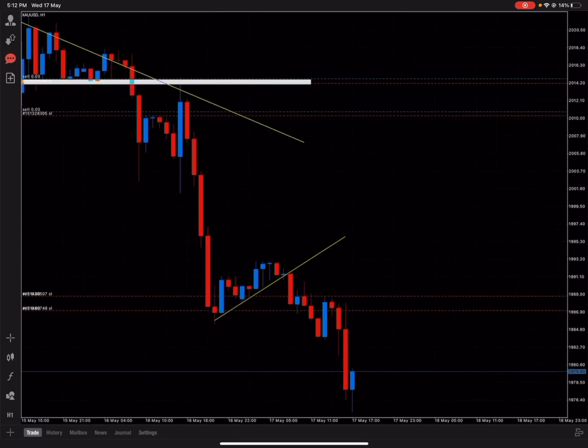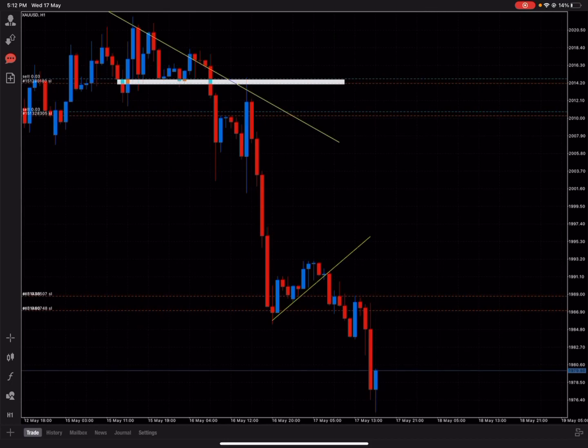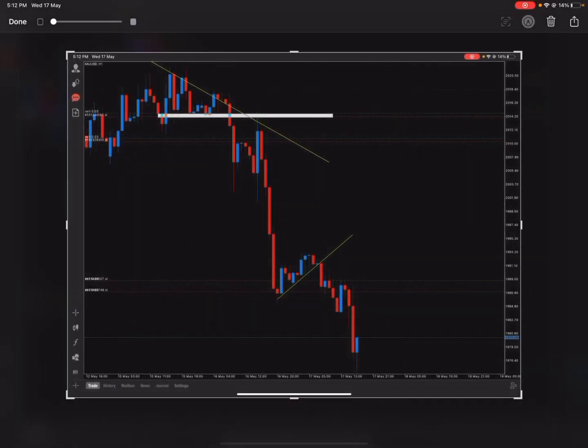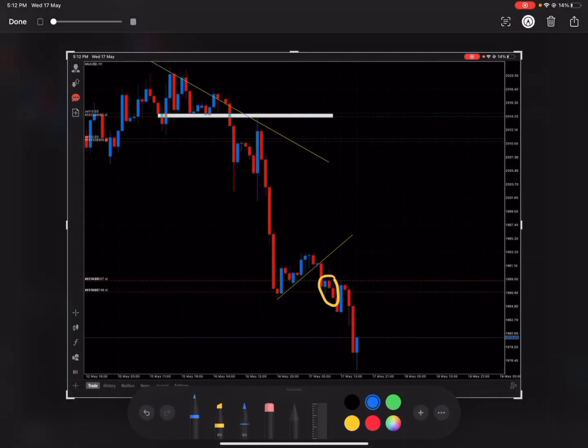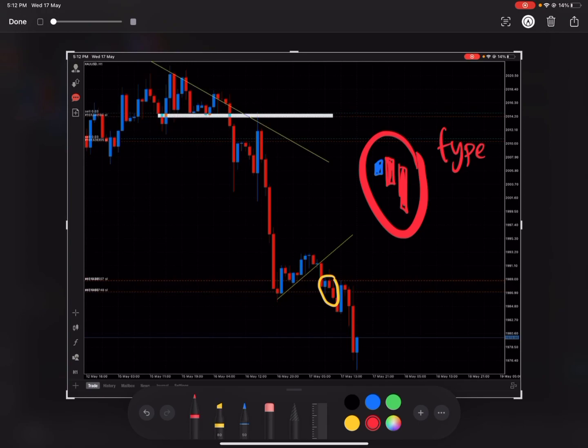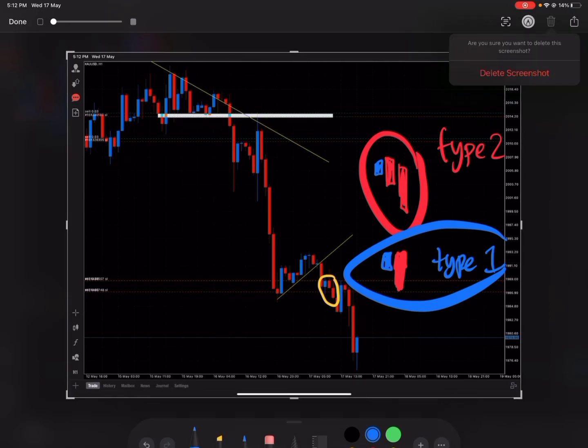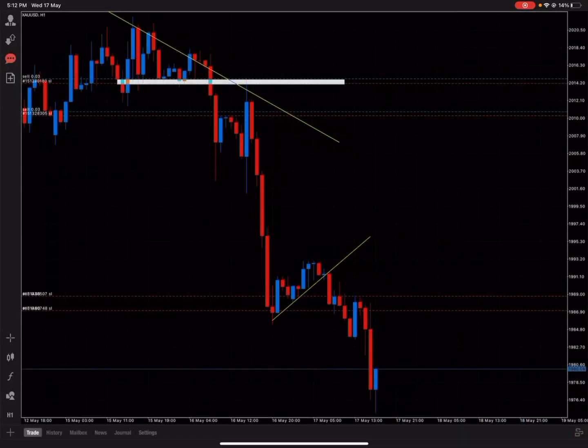As you can see on H1, this is engulfing type 2: bullish, bearish and bearish. And type 1: bearish, bullish. This is typical and always easy to find, right?